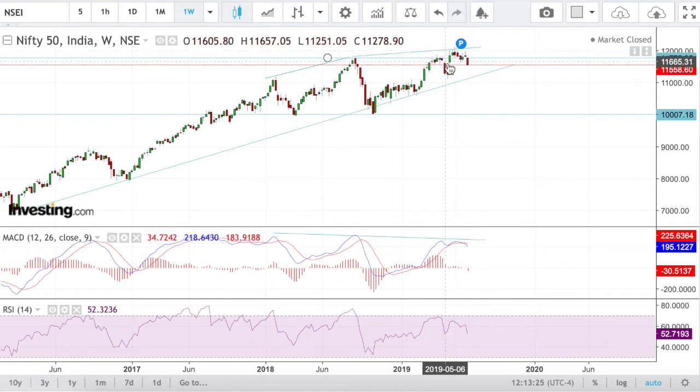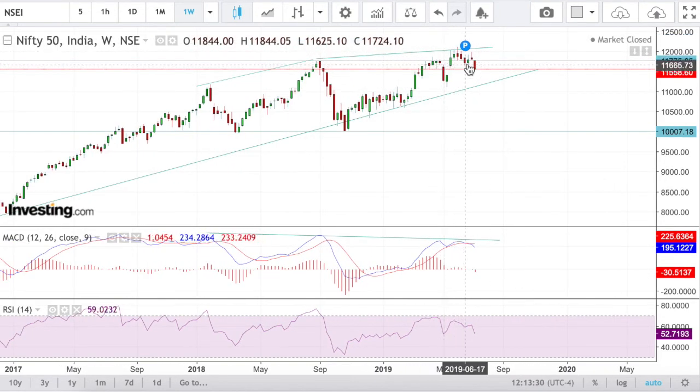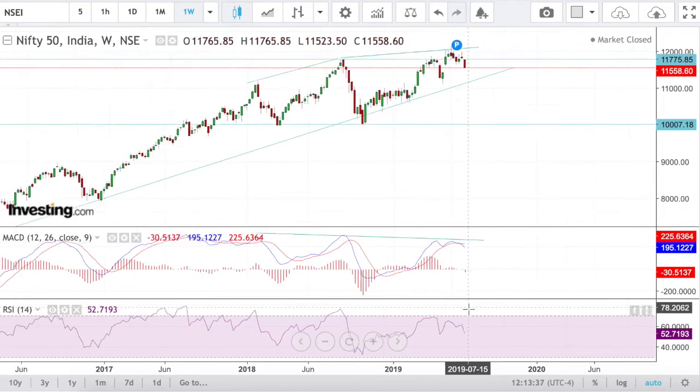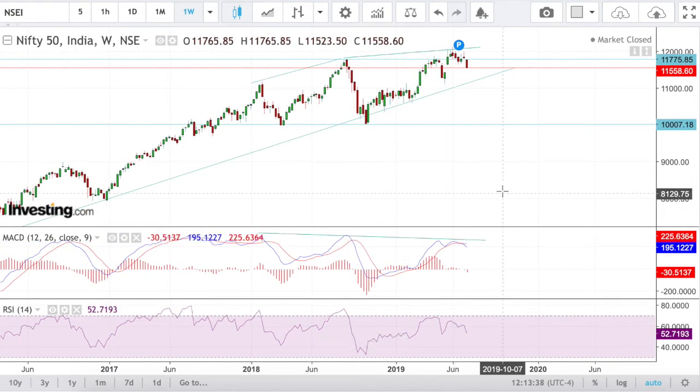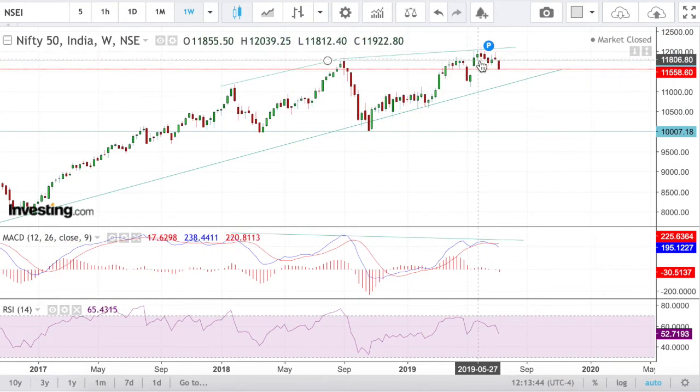But when you have a breakout to all-time highs on an index with divergence on the weekly chart and close to overbought levels, it considerably increases the likelihood that this breakout is false. And this is exactly what happened, and this is what's going to happen for the US market.